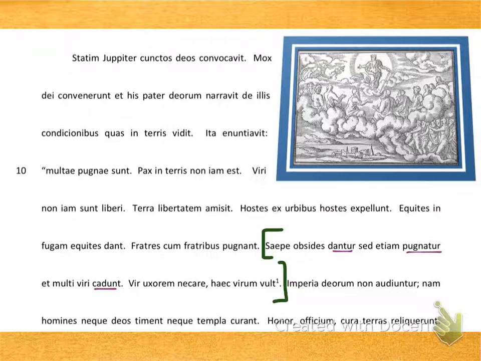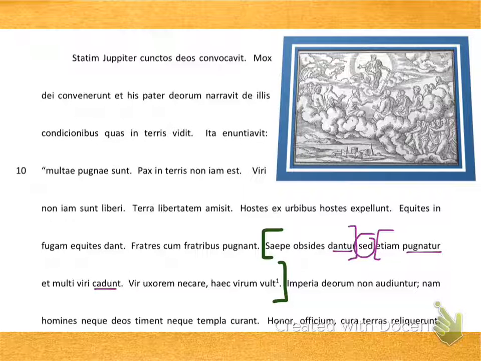There are three short clauses because of the three different verbs that we have. The first clause begins at saepe and ends at dantur because of the sed that we have immediately after dantur.